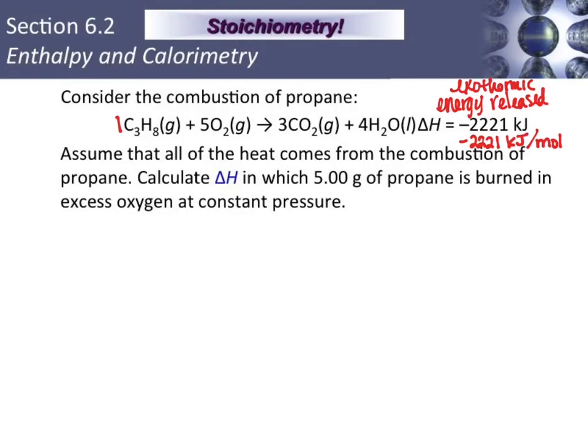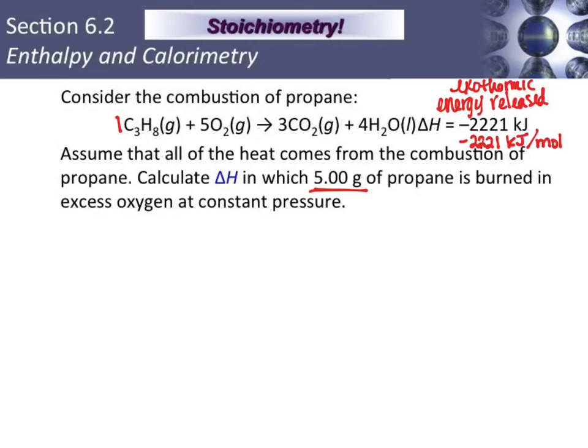For every 1 C3H8 that is combusted, it's negative 2221 kilojoules. We're going to assume that all the heat comes from the combustion of propane. Calculate delta H in which 5 grams of propane is burned in excess oxygen at constant pressure.